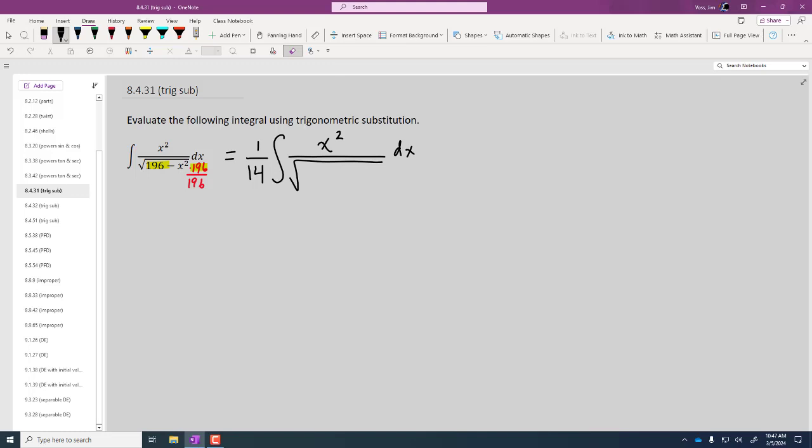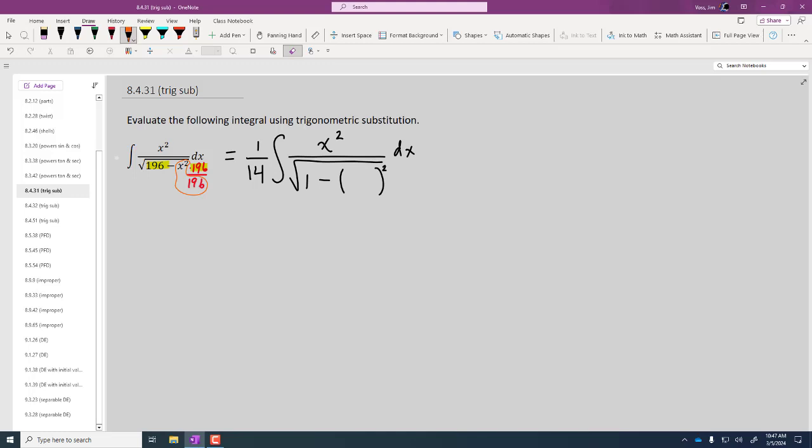And then what's left in here is 1 minus the next quantity that's going to be squared: x over 14. All right, so that part that's left here, this x squared over 196, we want to write as a quantity squared.